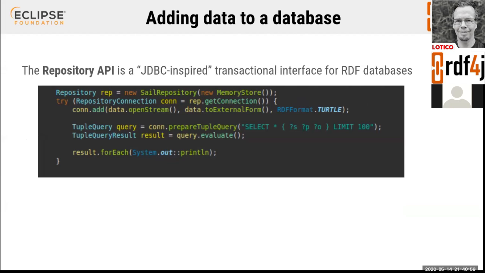So the repository API is JDBC-like, or JDBC-inspired, I want to say. It's a transactional interface for RDF databases, and it allows you to work with RDF data at scale, doing large bulk uploads, doing queries on huge data sets, handling transactions and transaction isolation and all of that.